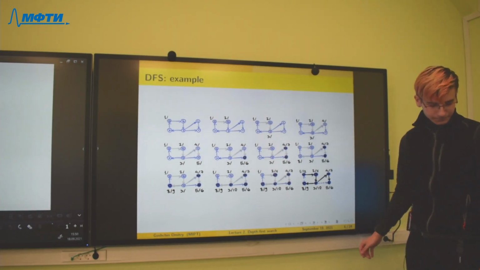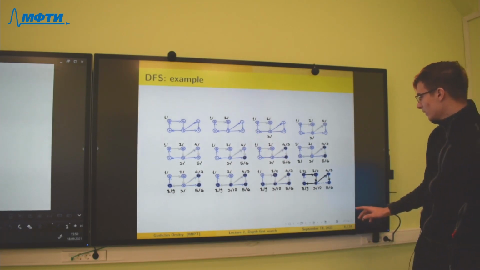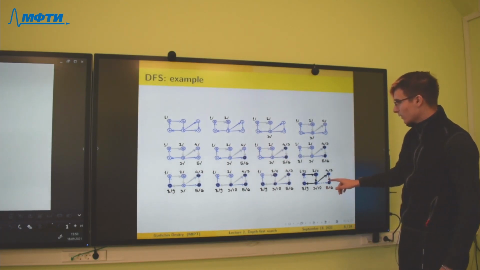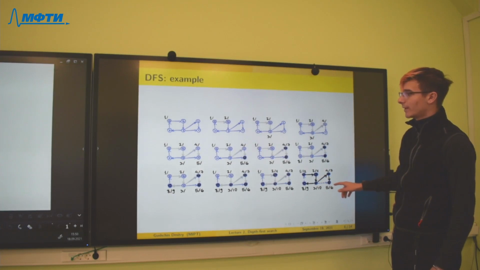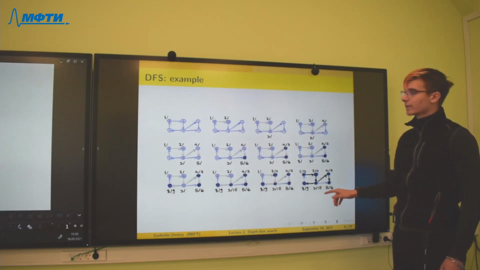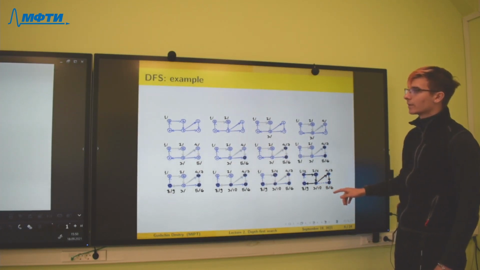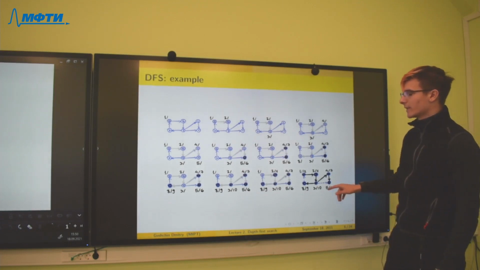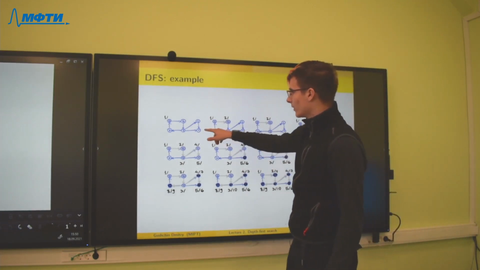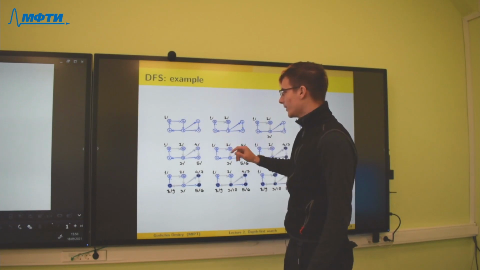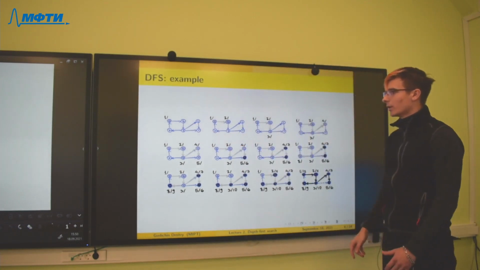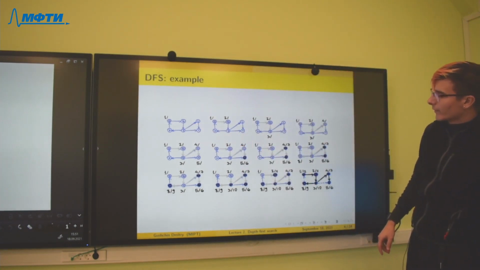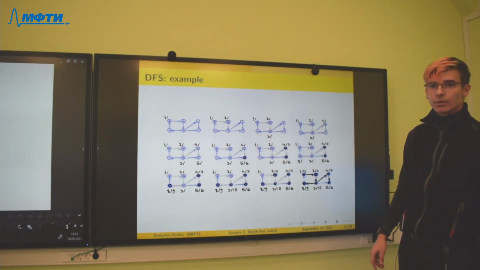Okay, but if you look, for example, this graph is directed. So when we say that it has only one connected component, we see that, for example, from F to B we have no path through the edges because of the direction.